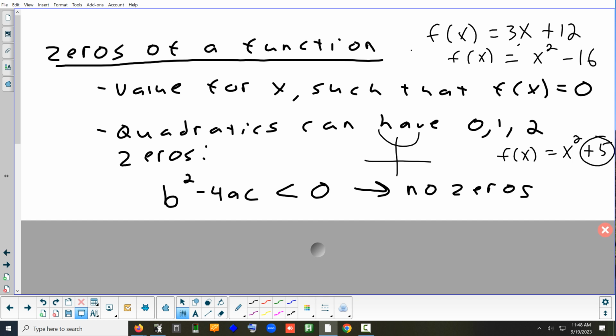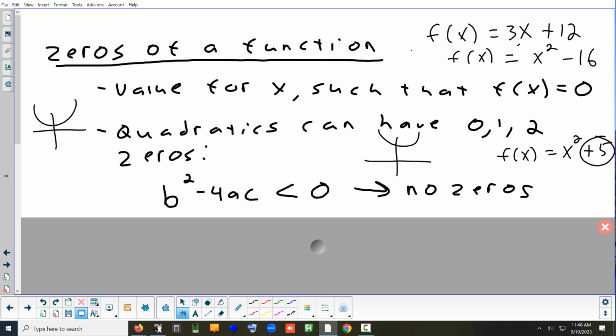And a quick way to tell whether you have no zeros, 1 zero, or 2 zeros, so basically whether you have this case, or this case, 0, 1, 2, is you look at this calculation.